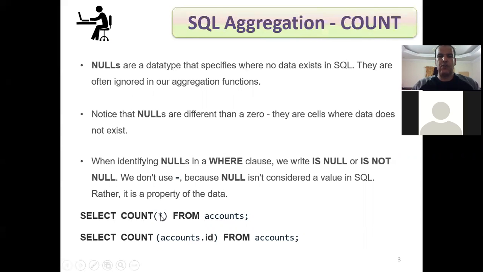You can use count this way, or you can use it for a specific field. But you have to make sure that this specific field doesn't have nulls, because if it has nulls, they will be ignored, so the number will not be true.